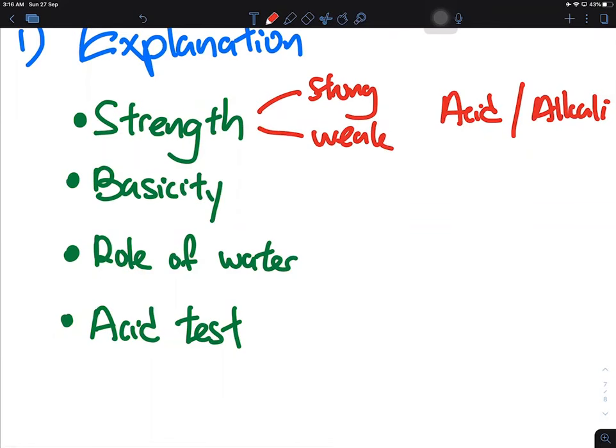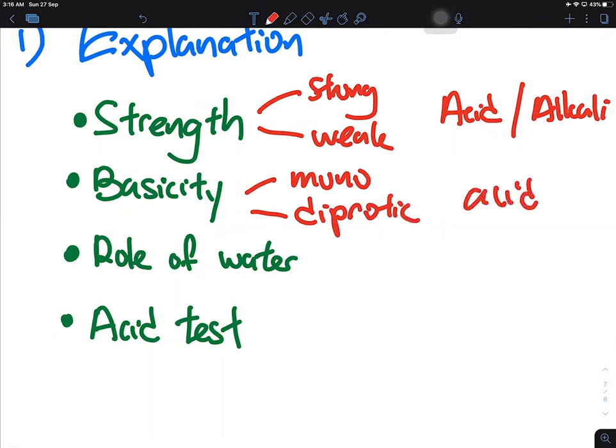What is basicity of acid? Basicity of acid means mono or diprotic acid. Monoprotic or diprotic acid. Okay, the difference between them. And then the next one is the role of water.